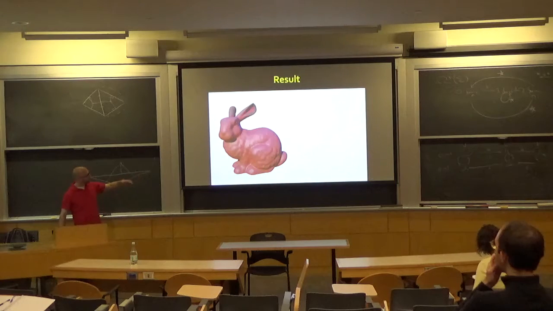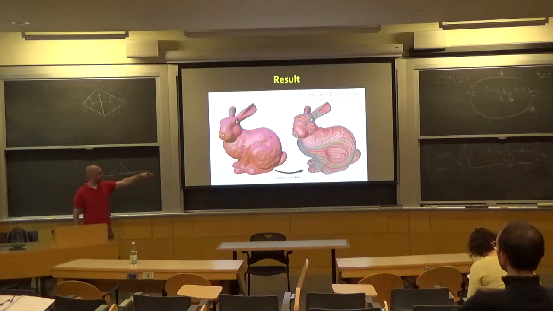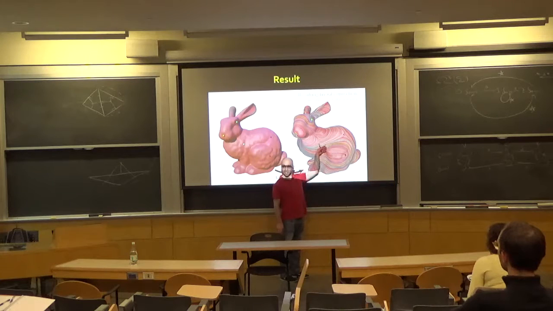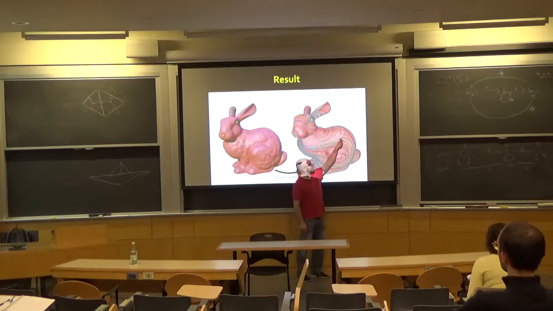Here's a bunny, and maybe you specify a few points where you say, okay, these are going to be the singular points, where my vector field is allowed to rotate. Then I solve this linear system that I mentioned before. What you get is a vector field that is constrained to not do anything interesting away from these points. Notice what happens at the singular points: you get interesting flow, like cycling and divergence and curl and all that kind of stuff.